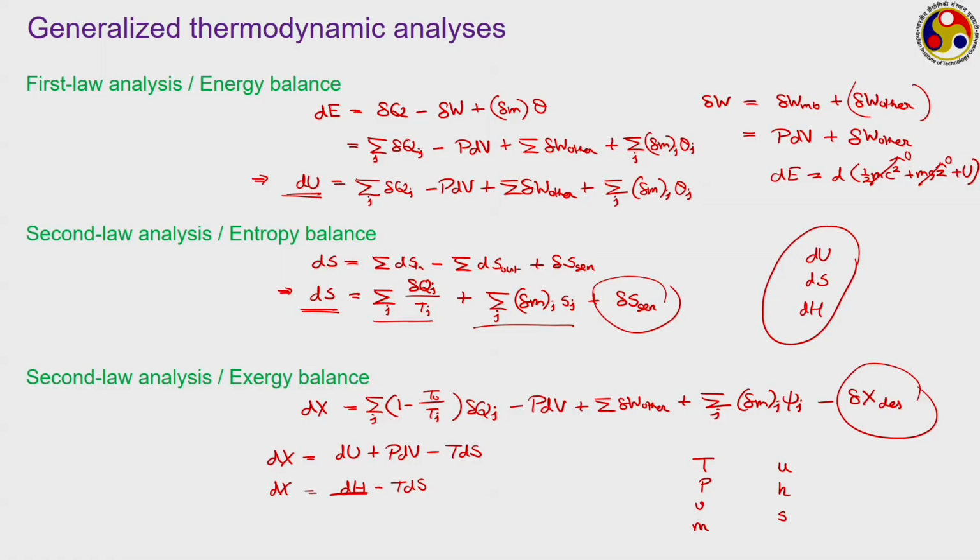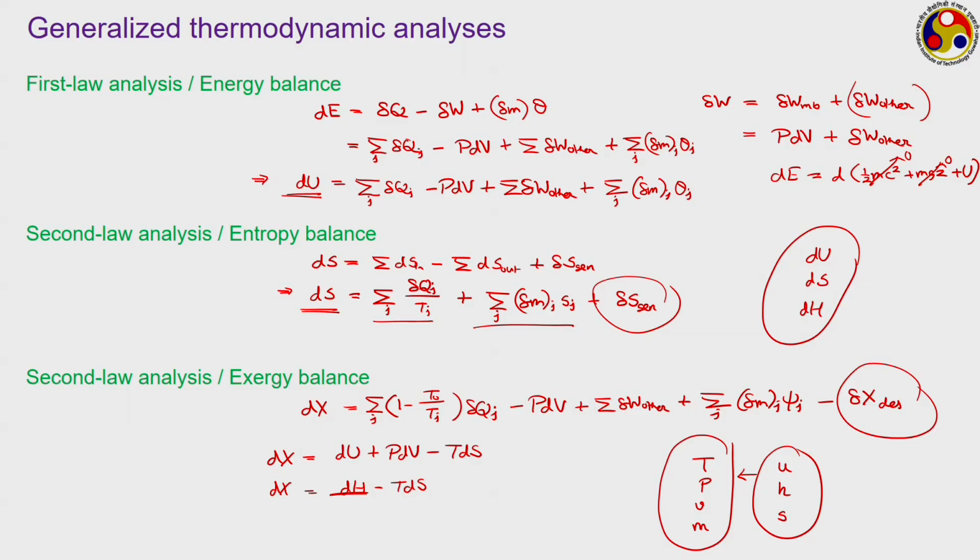So, the objective of this particular module, that is thermodynamic property relations, is to develop mathematical relations where we can represent this second group in terms of the first group, that is the internal energy, enthalpy, entropy and other properties in terms of measurable quantities like temperature, pressure, specific volume, etc.